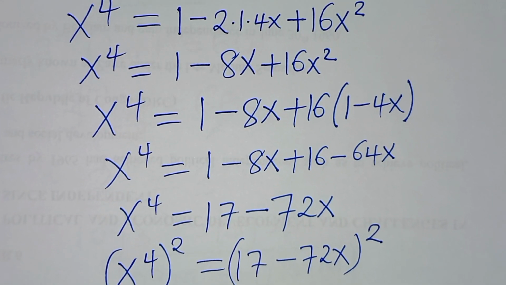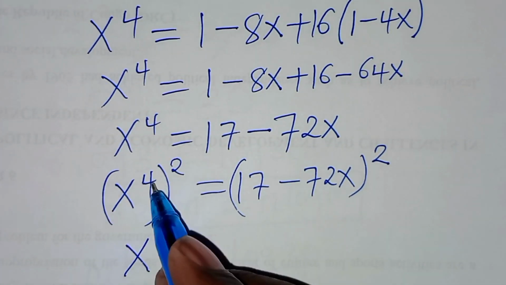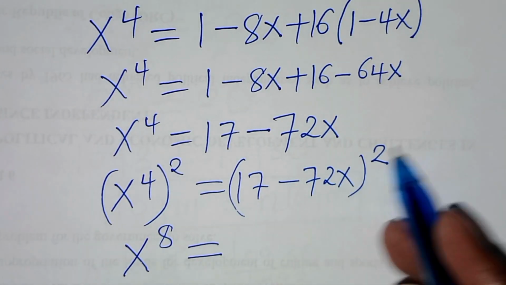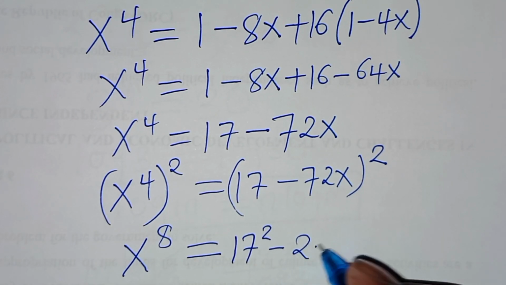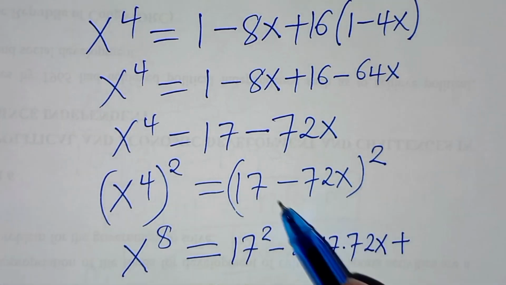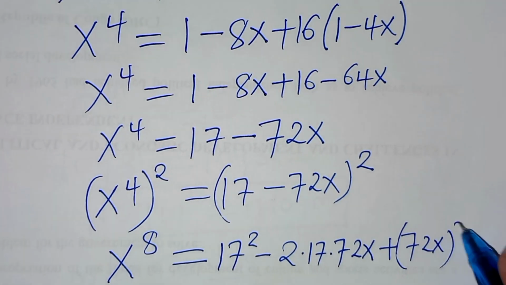So now this implies that we have x to power 8, because this is 4 times 2, which is equal to 8. This is equal to 17 squared, subtract 2 times 17 times 72x, then plus 72x squared.